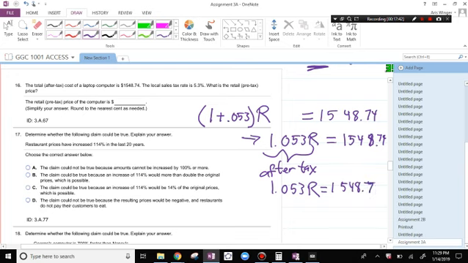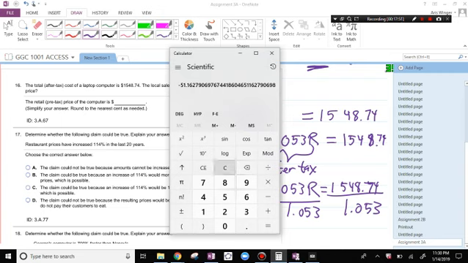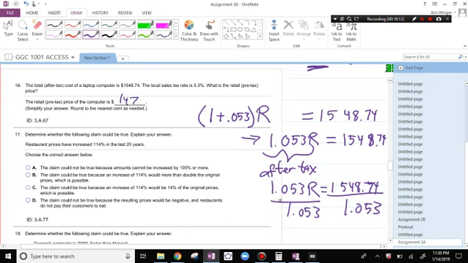So I'm going to divide both sides by 1.053, and that will tell me what the original retail price is. 1548.74 divided by 1.053. We're going to round to the nearest cent. $1,470.79.